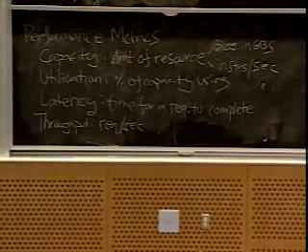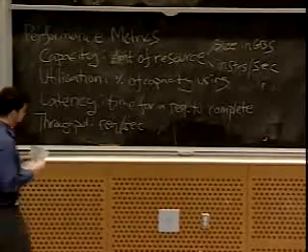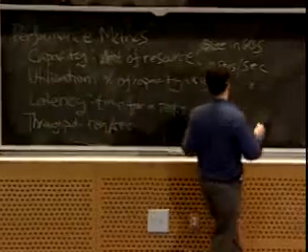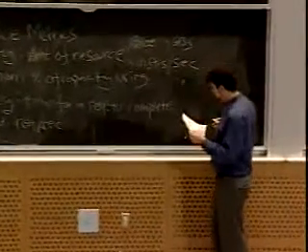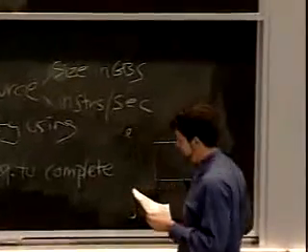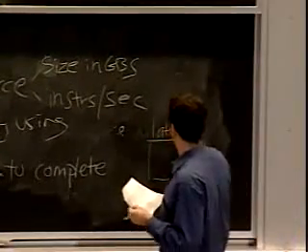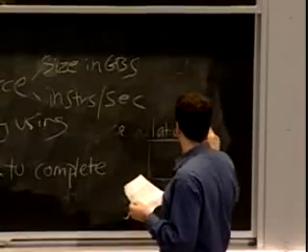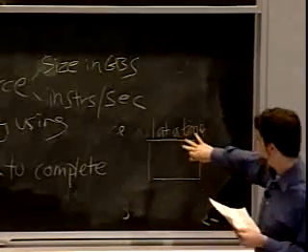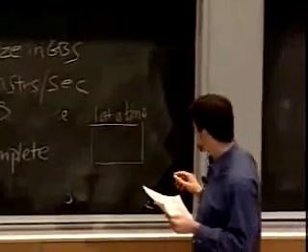If it takes 10 milliseconds for a request to complete, well, then I must be able to complete 100 requests per second, right? And that's true in the very simple example where I have a single module, for example, that can process one request at a time. So a single computational resource that can only do one thing at a time.